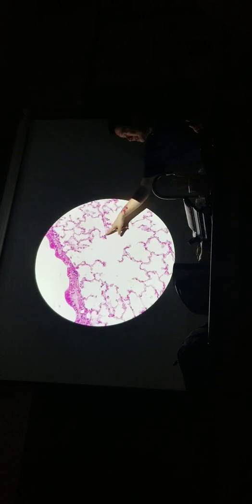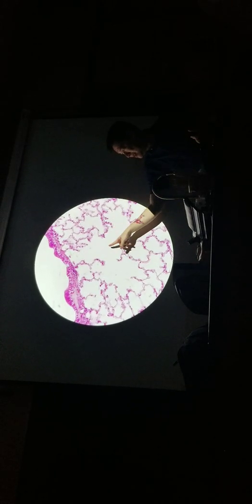Now we switch to what type of tissue? Squamous. So this first part is the alveolar duct, and then this whole thing, sac, and then one of these alveolus. Okay. So the bronchiole, the alveolar duct, the alveolar sac, and then one alveolus.